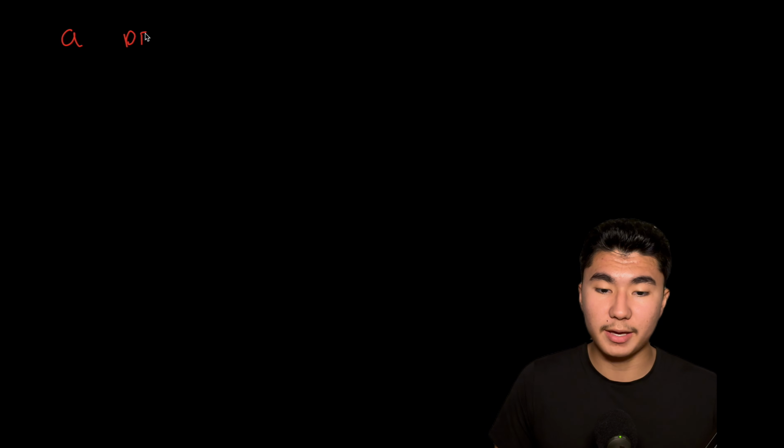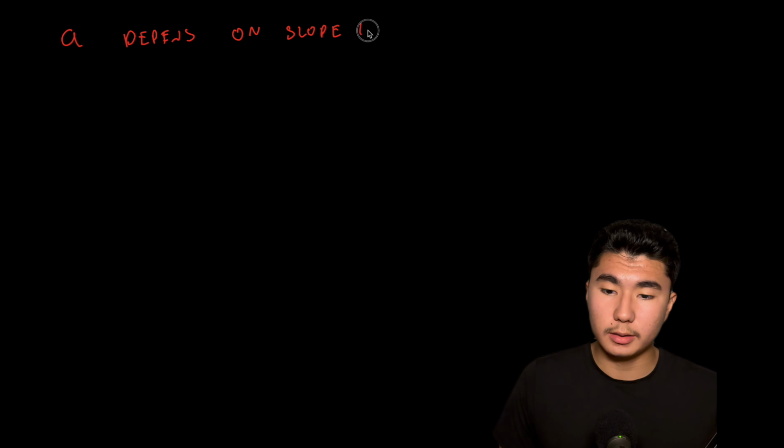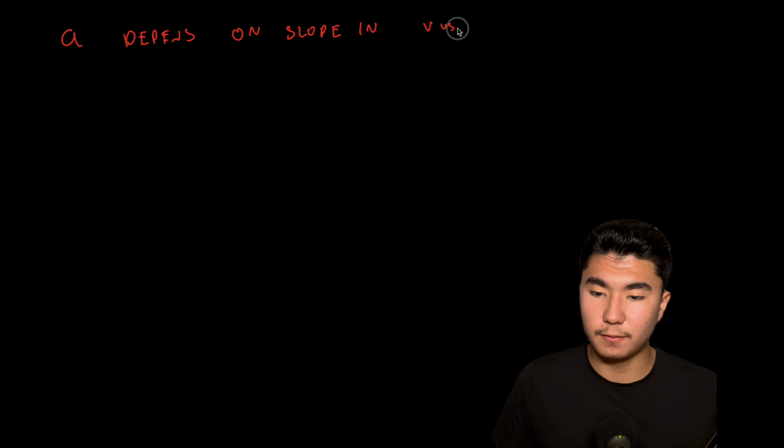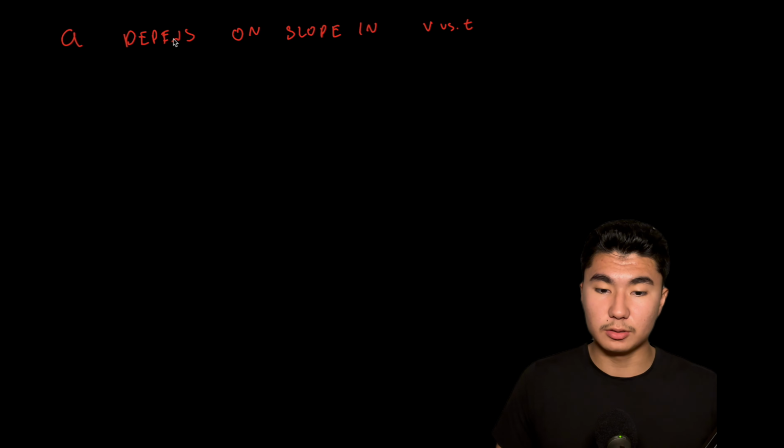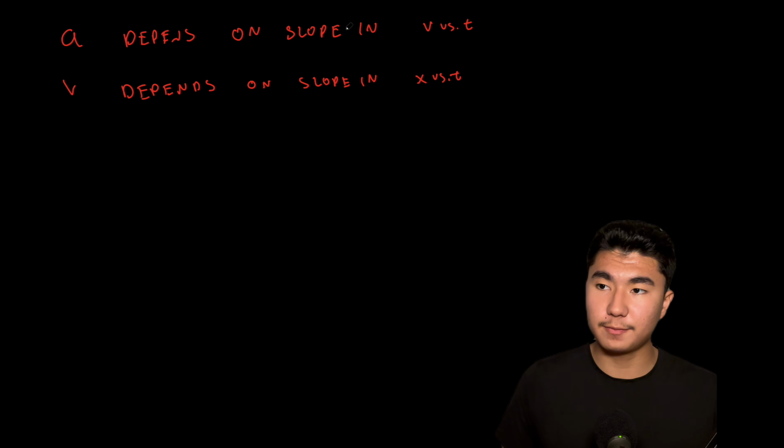So first, we have to know that acceleration, so I'll just put A, depends on slope in velocity versus time. So our velocity depends on slope in position versus time graph.